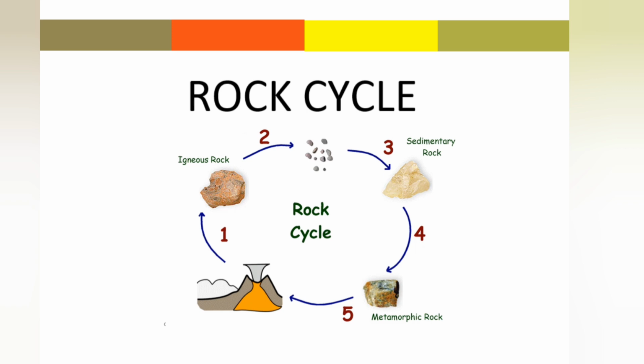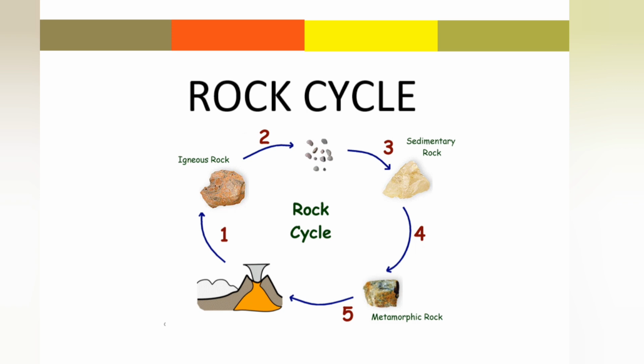Those sediments come together, they compress, they become compact, and they form sedimentary rocks with all the debris on the surface of the earth. They collect all that in that region and become sedimentary rocks. Then those sedimentary rocks undergo certain chemical changes because of the heat and pressure and form metamorphic rocks. And then slowly and steadily a huge mountain forms, and then the volcano erupts. Again you have the same cycle.